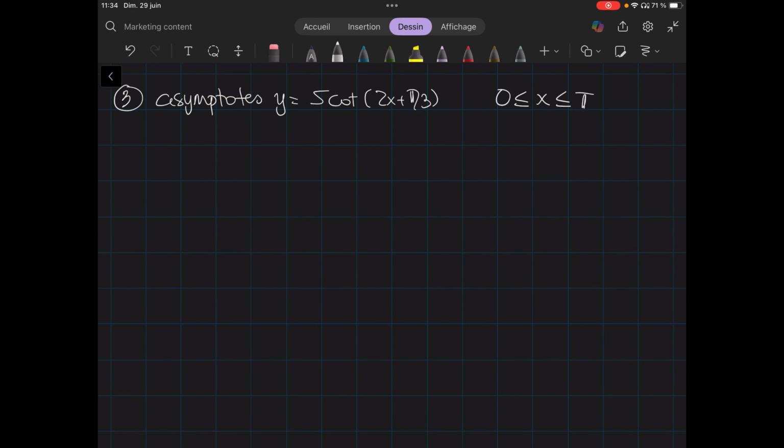We are asked to find the asymptotes of the graph of y equals 5 cotangent of 2x plus pi by 3. You can either memorize this, or you can simply cast cotangent in terms of sine and cosine.